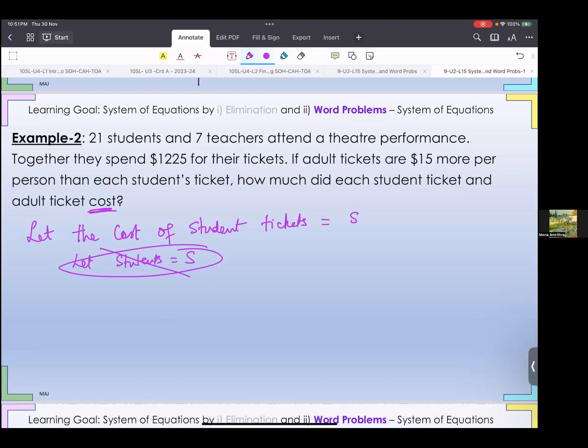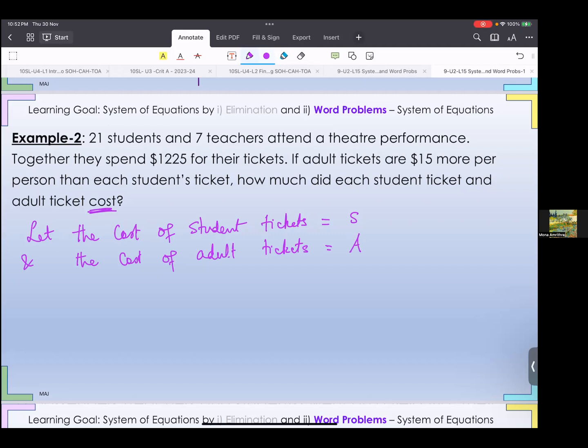Just don't say let the buses equal B and cars equal C, right? So we want to have something that can actually be counted or measured, okay? So in this case, cost is a measurable quantity. So we're using let the cost of student tickets equal S, and the cost of adult tickets equal A. I'm just going to use uppercase.